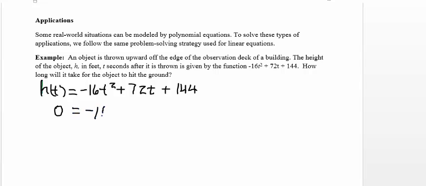How long will it take for the object to hit the ground? When the object hits the ground, height is 0. So 0 equals negative 16t squared plus 72t plus 144 is the equation that we'll need to solve to answer this question.